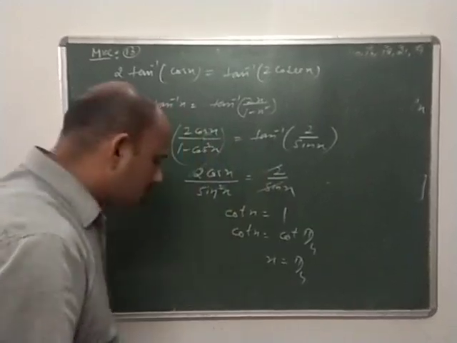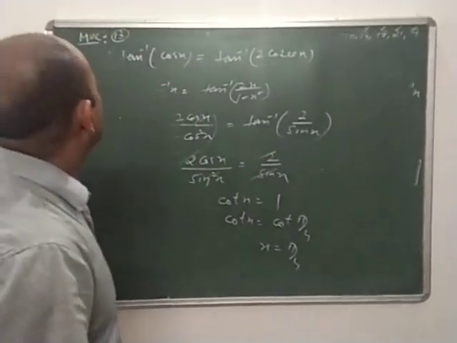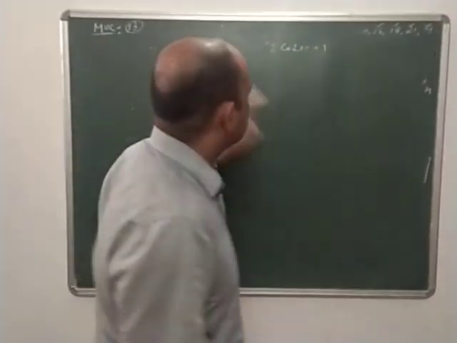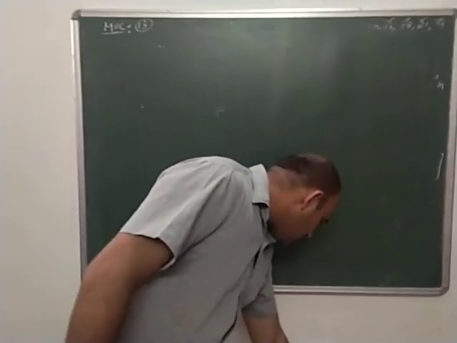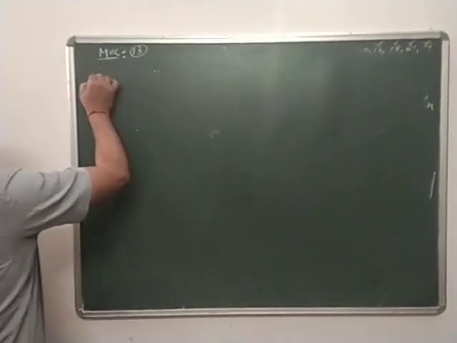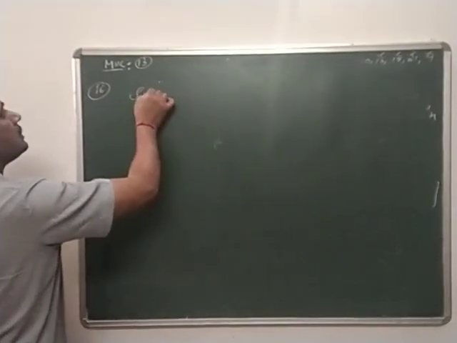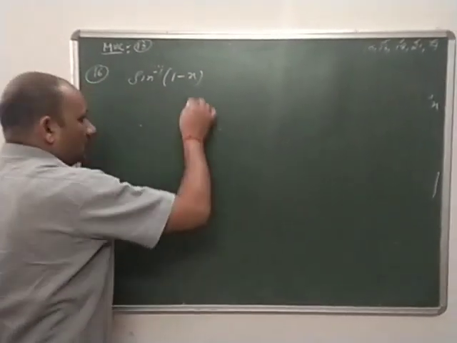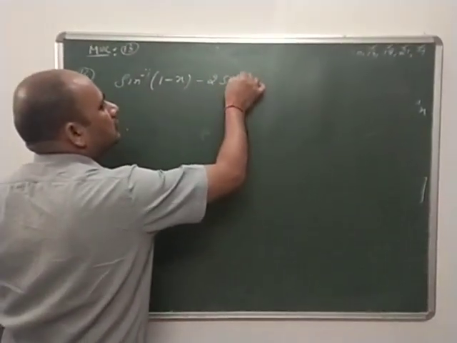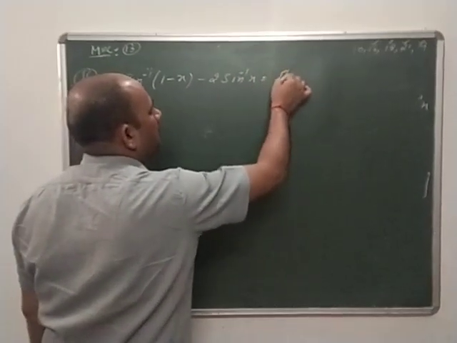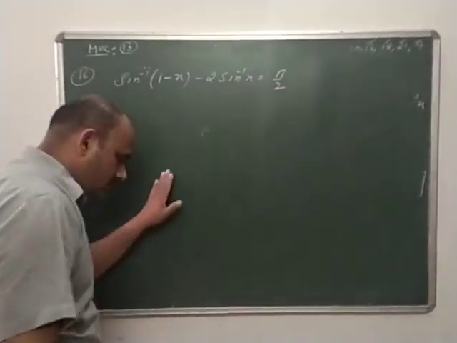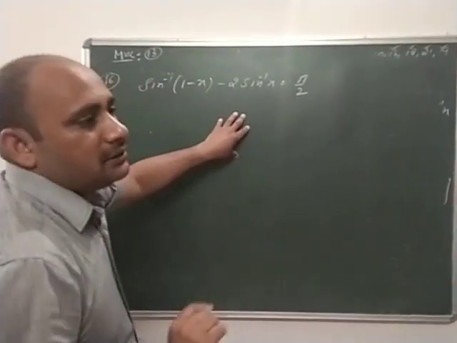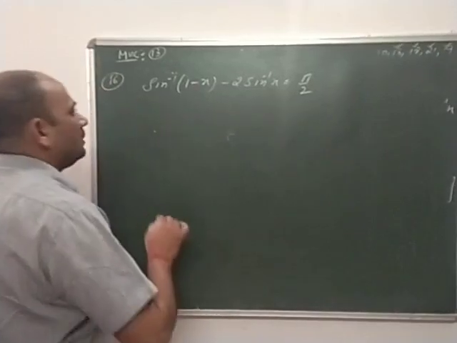Another question. Miscellaneous question 16, an important question: sin inverse (1 minus x) minus 2 sin inverse x is equal to pi by 2. In this question, keep in mind one pattern to make it easy.